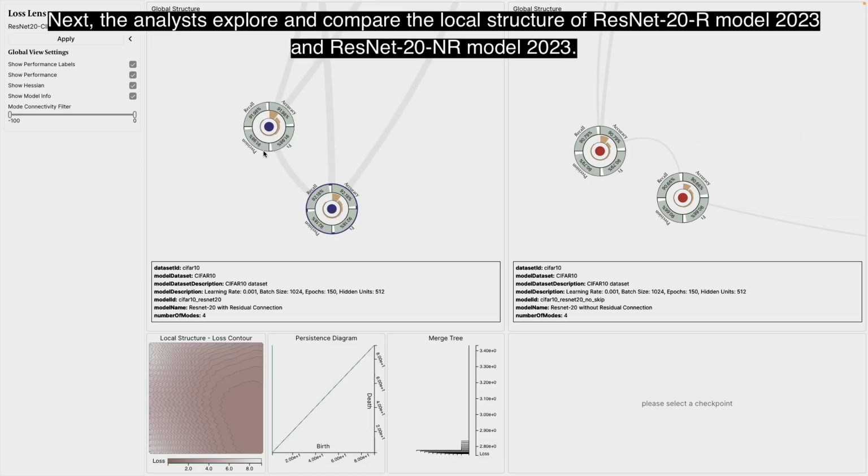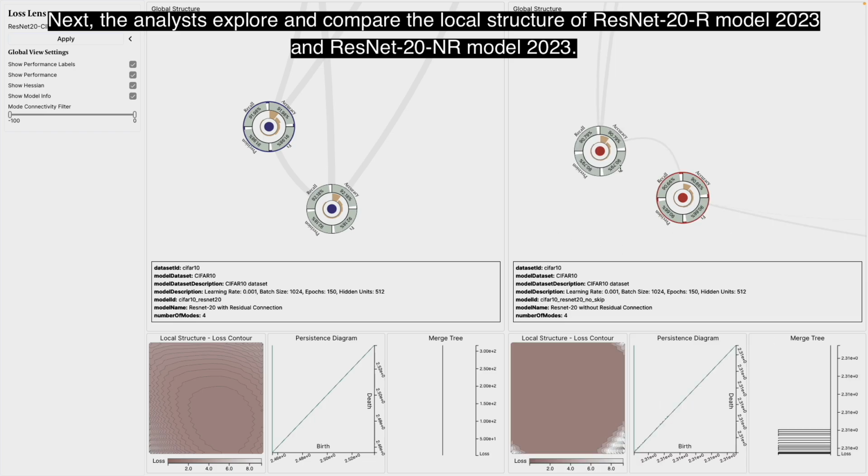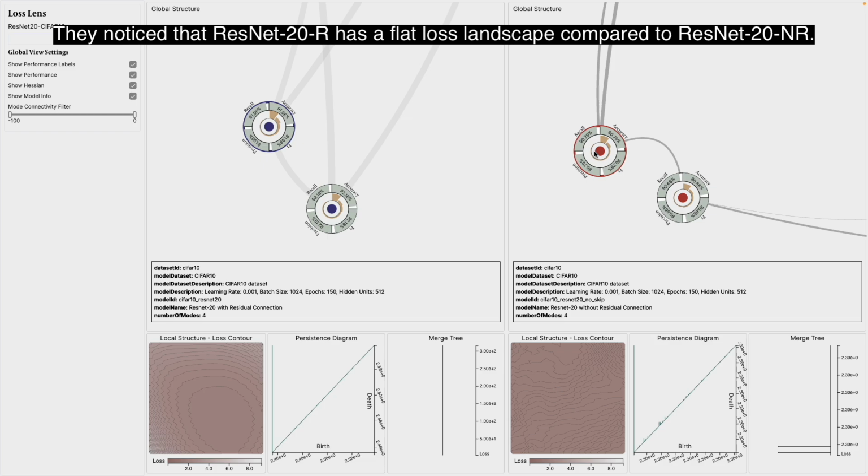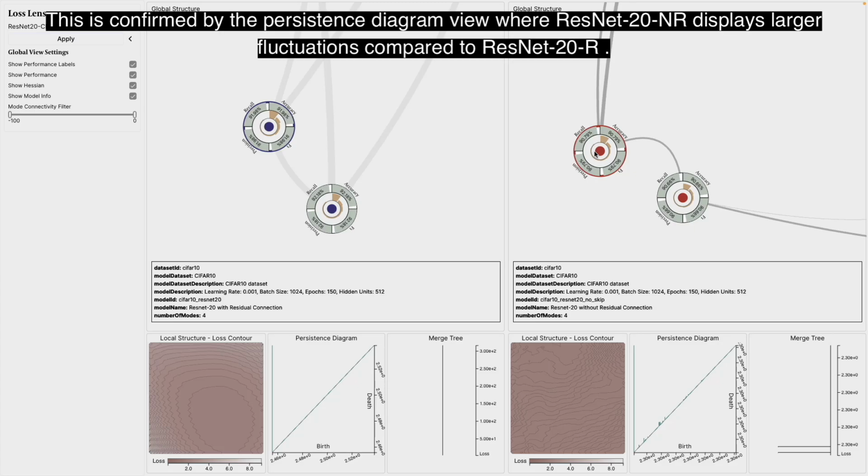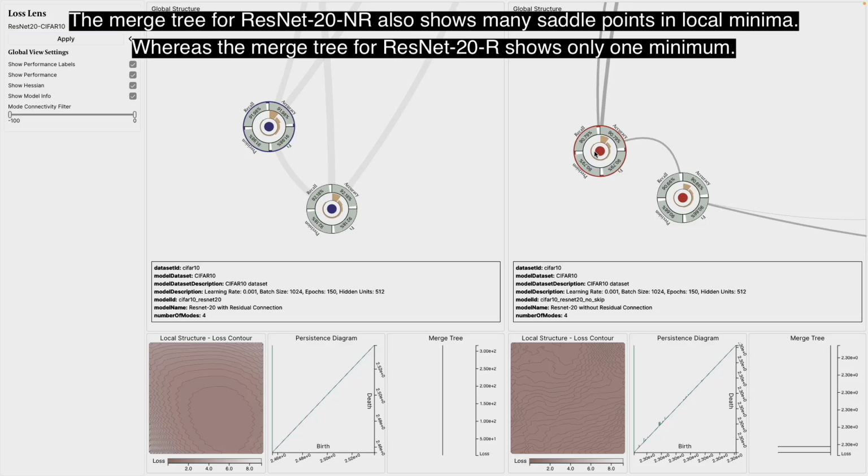Next, the analysts explore and compare the local structure of model 2023 for ResNet 20 with and without residual connections. They notice that ResNet 20 with residual connections has a flat loss landscape compared to ResNet 20 without residual connections. This is confirmed by the persistence diagram view, where ResNet 20 without residual connections displays larger fluctuations compared to ResNet 20 with residual connections.